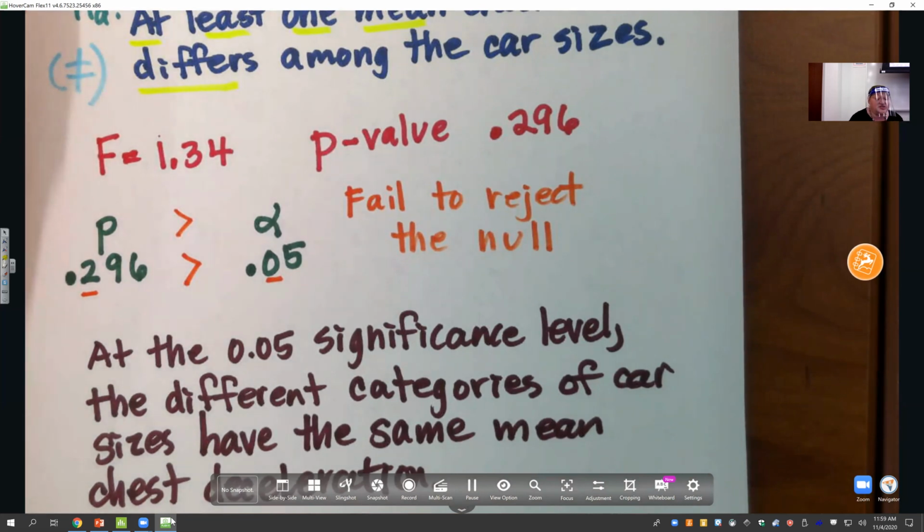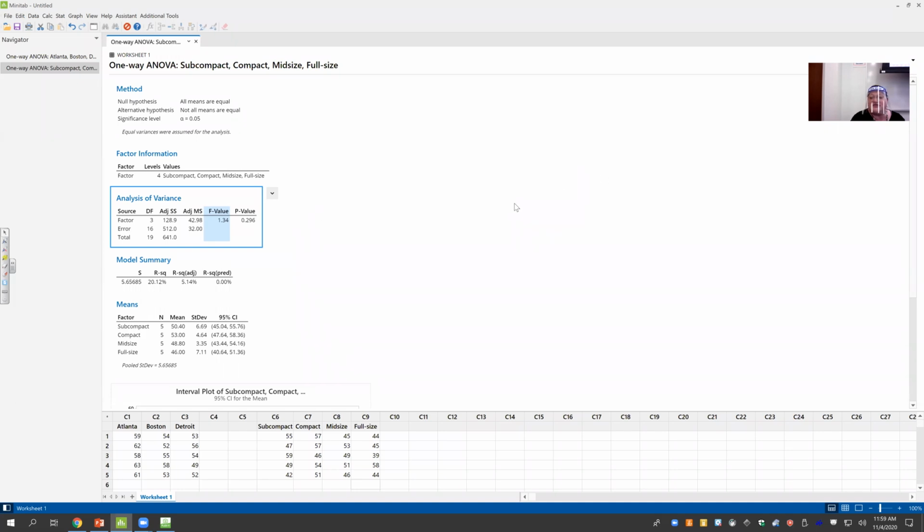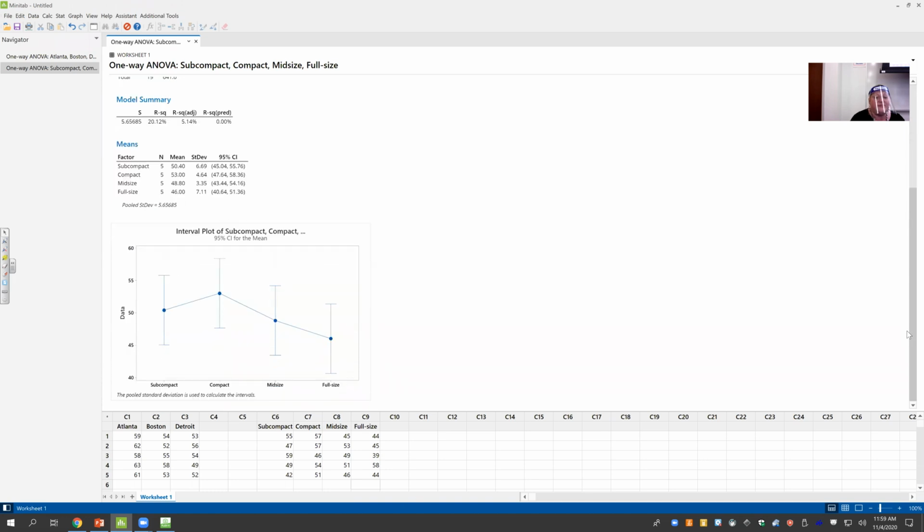Now, just for comparison purposes, so that you can see, if we look at the graph that Minitab created for this one, notice how most of those overlap. There's not one that's really way out there like the one for Atlanta was. So again, that supports my idea that they're all the same. Now, if you look purely at the numbers, they don't appear to all be the same.